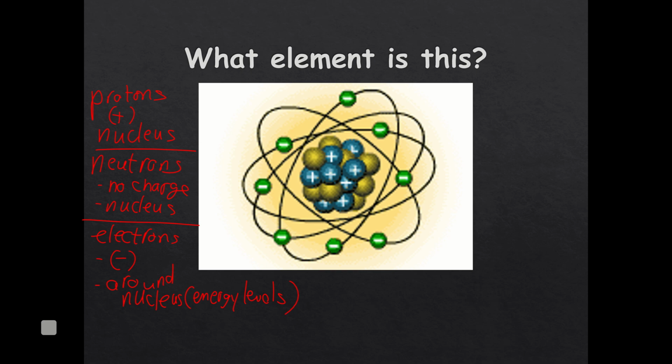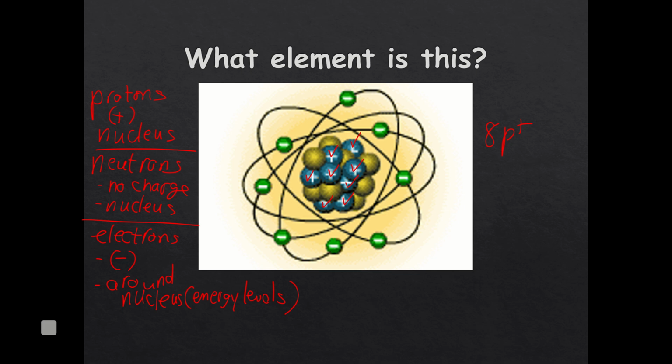Okay, going back to answering my question though, what element is this? I count up the number of positive charges. So 1, 2, 3, 4, 5, 6, 7, 8. This has 8 protons, which will come up on the bottom when I change back.